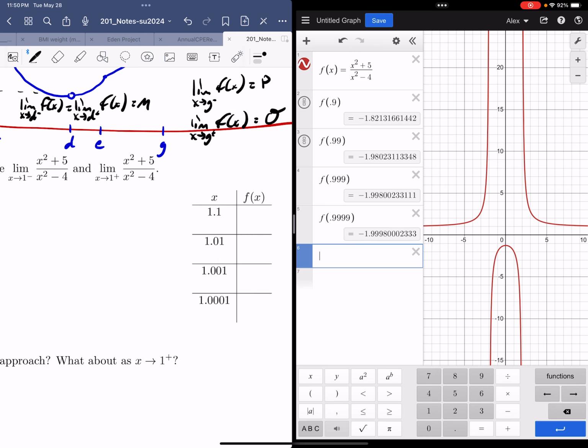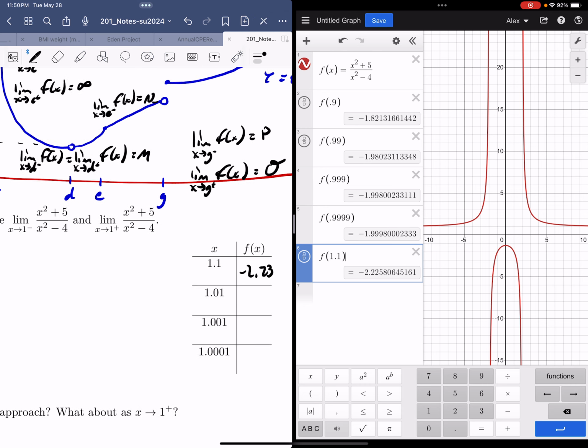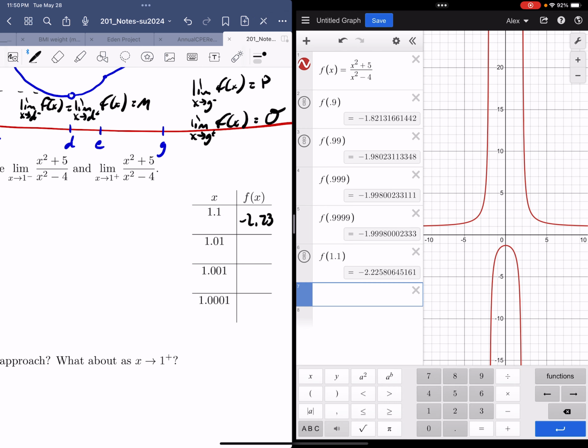All right? We can do f of 1.1. Record that. Okay, and then we could, I guess, do f of 1.01. Getting a little bit closer to negative 2, I guess.